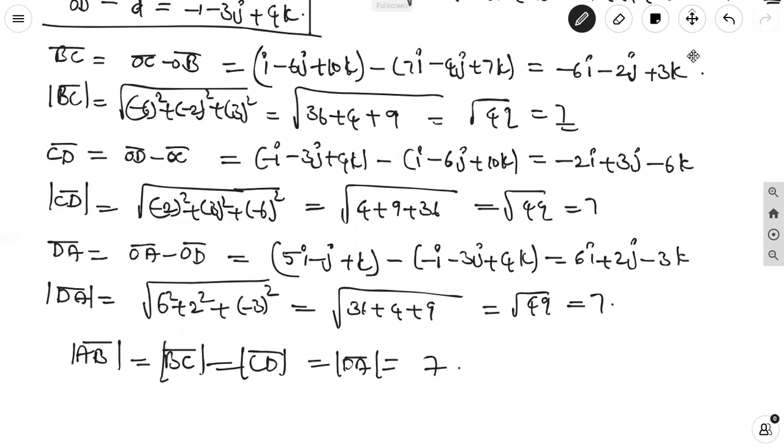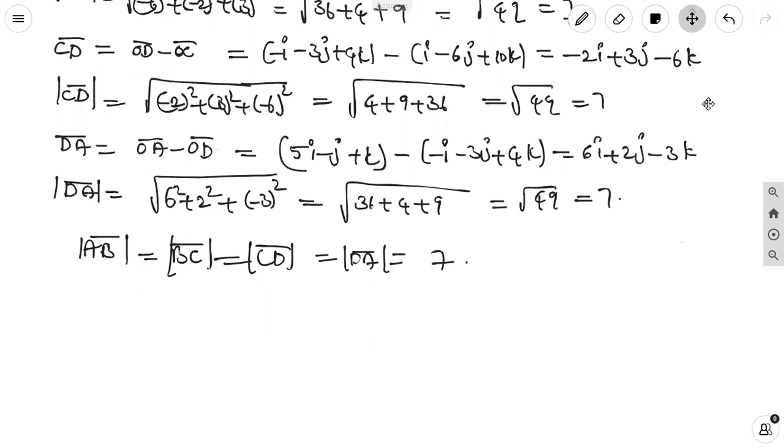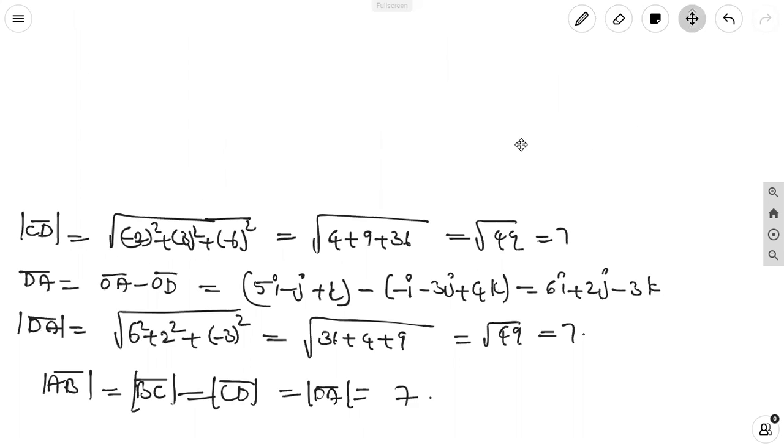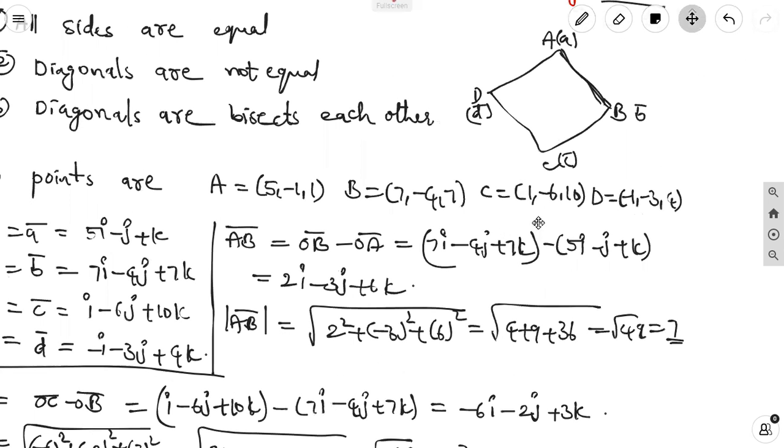Next we can find out the diagonals. What are the diagonals here? BD and AC are the diagonals. Here BD means OD minus OB, and AC means OC minus OA.